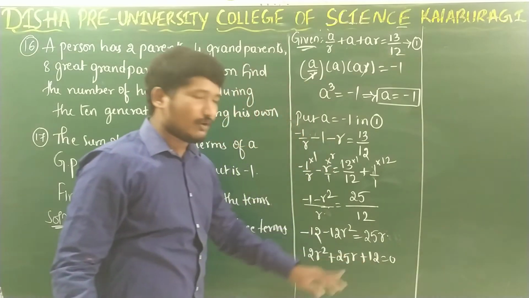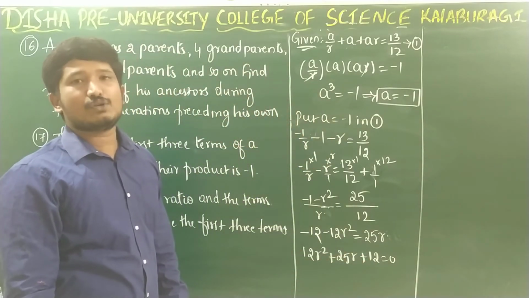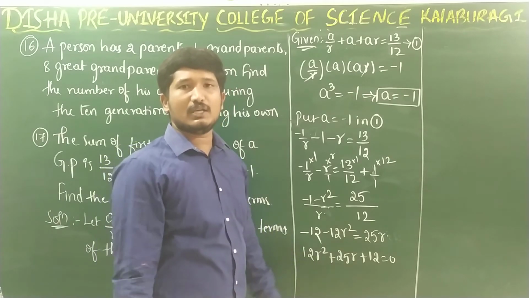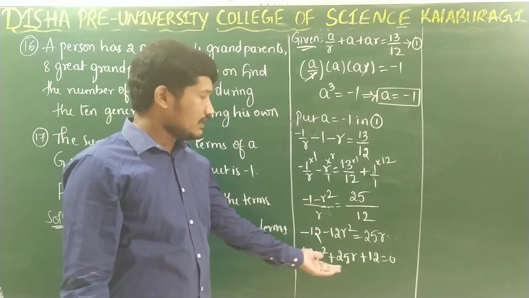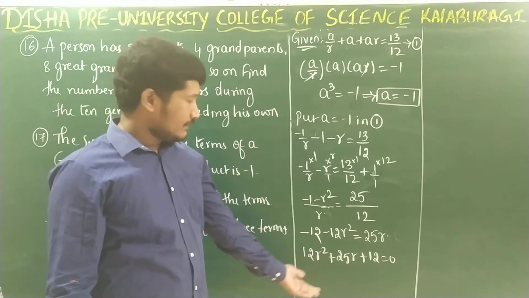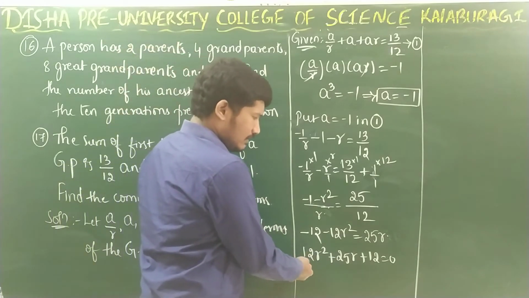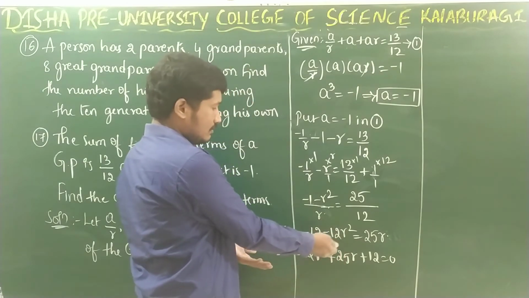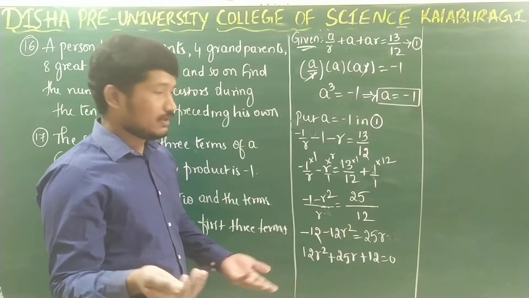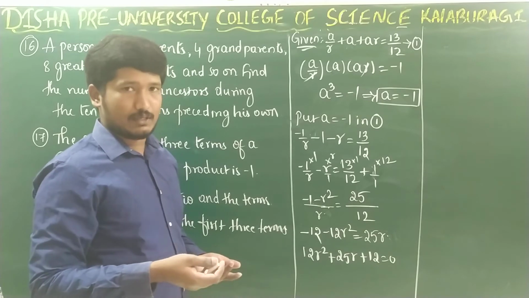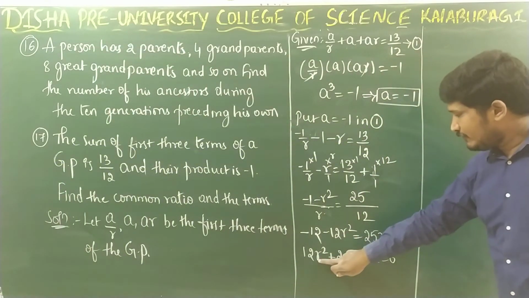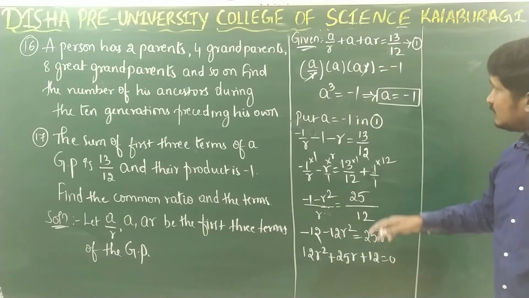Right, now this is a quadratic equation. How will we solve the quadratic equation? We will split the middle term or we will use the formula. Any one of them you can do. So see here, let us go by splitting the middle term or let us go by the formula method. Whatever is easy for you, you can go with that. We need the value for r.